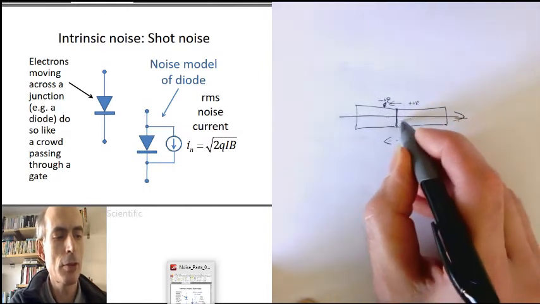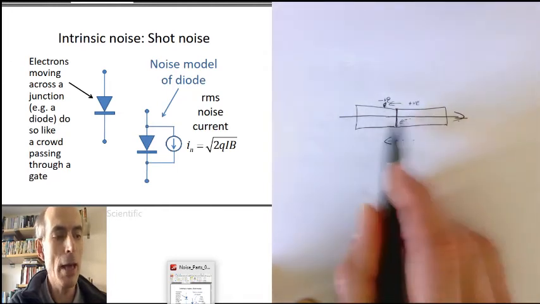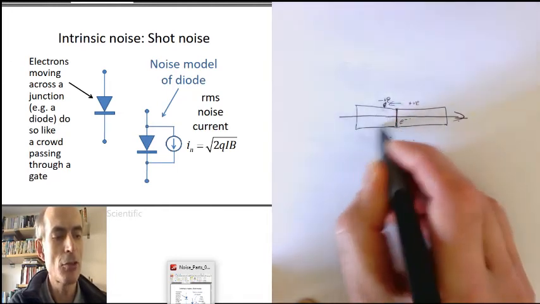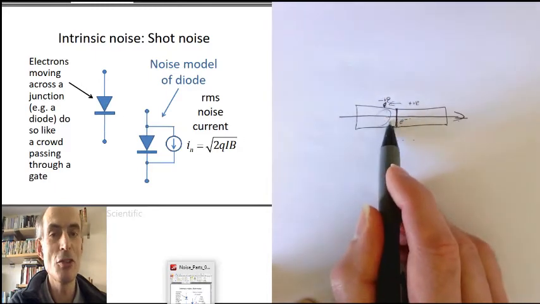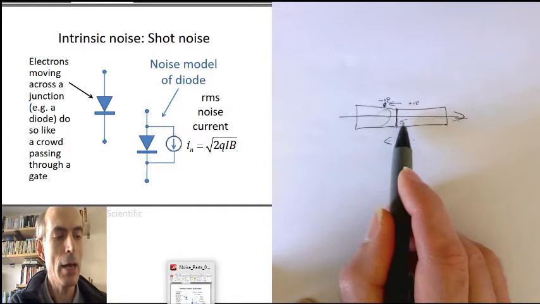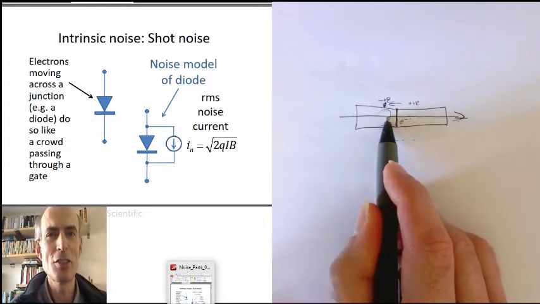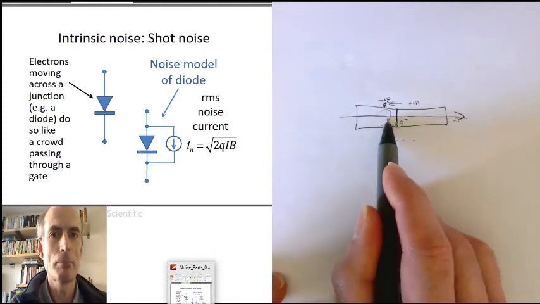Any electron in this bit of the conductor is effectively being repelled by the net negative charge of all of the additional electrons that have just moved across this boundary. And that results in a smaller current flowing in the next tiny instant of time.